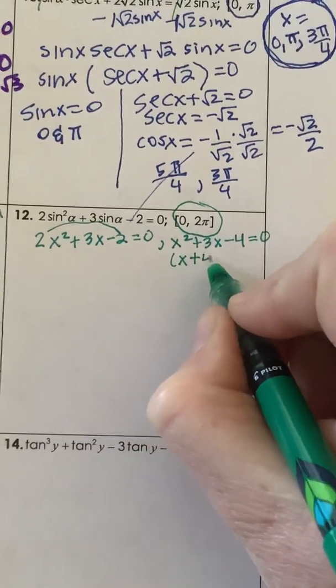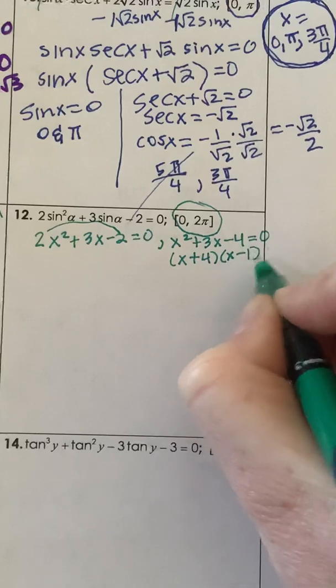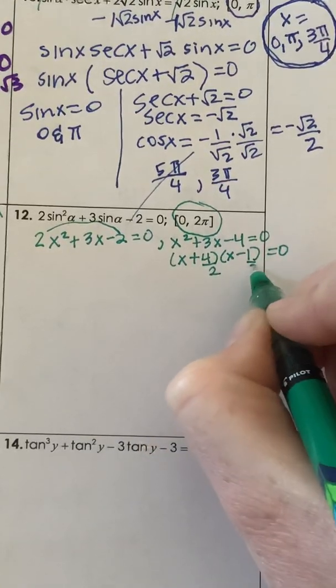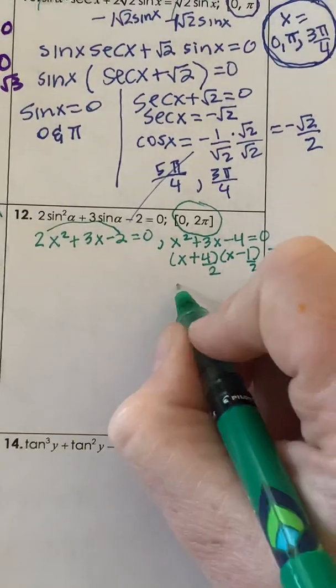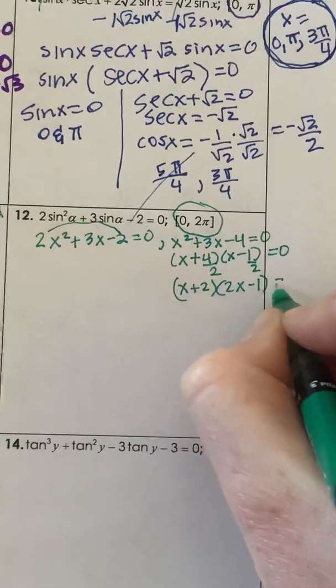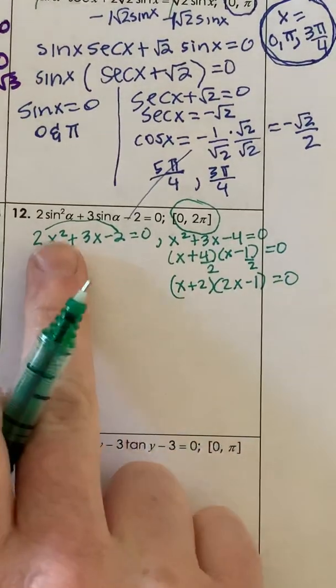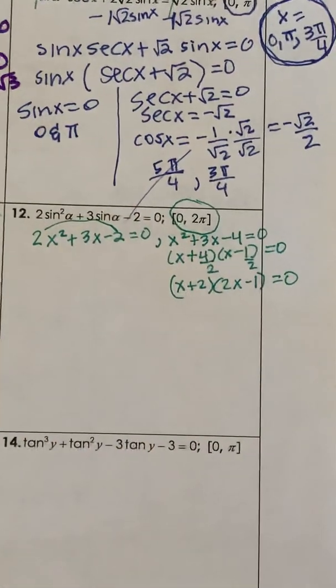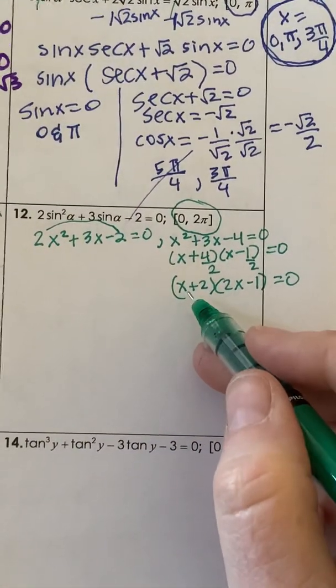That'd be x plus 4, x minus 1, and then divide by the 2. So it'd be x plus 2, 2x minus 1. So I definitely factor these by letting your sine, cosine, whatever it is, be x first, and then you substitute back in the sine.